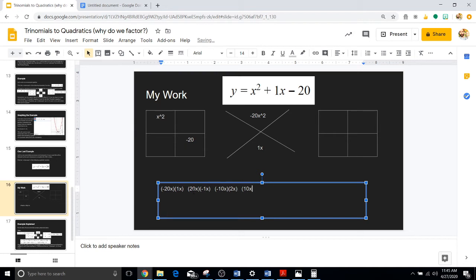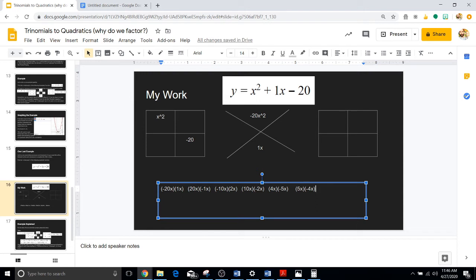Opposite of that is 10x times negative 2x. How else can we think of getting 20? 4 and 5? Yeah. So we could do 4x times negative 5x. And the opposite of that, which is 5x times negative 4x.